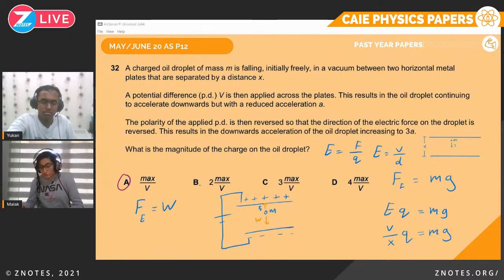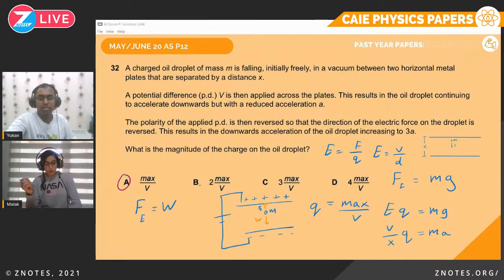And g we know is acceleration, so we can call it a, acceleration of free fall, right? Now we need to isolate Q to one side, so Q equals max over V.